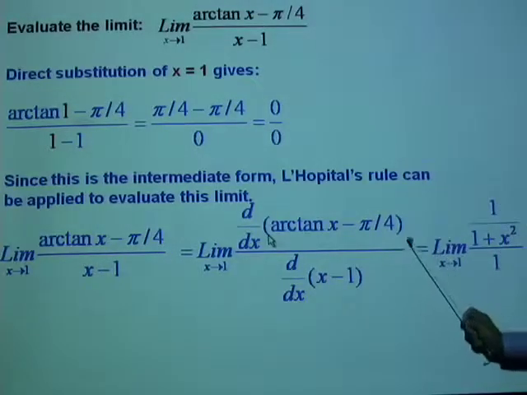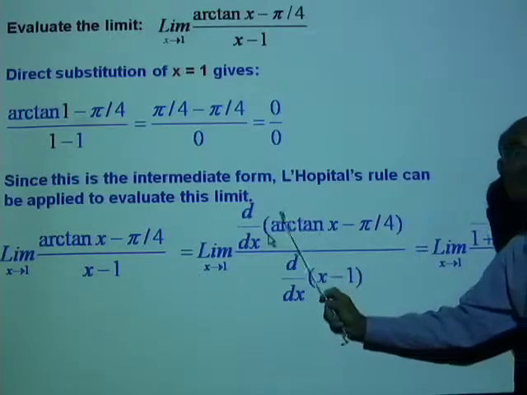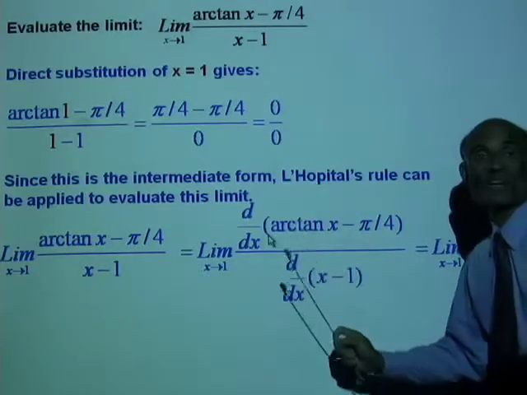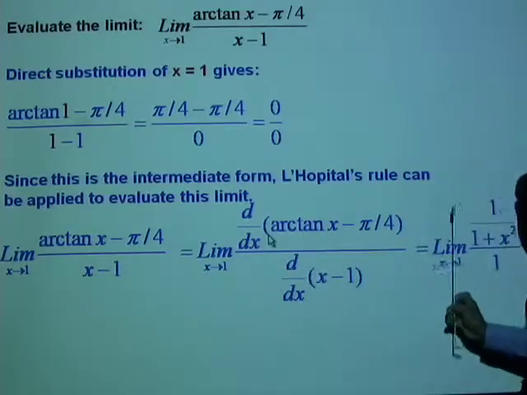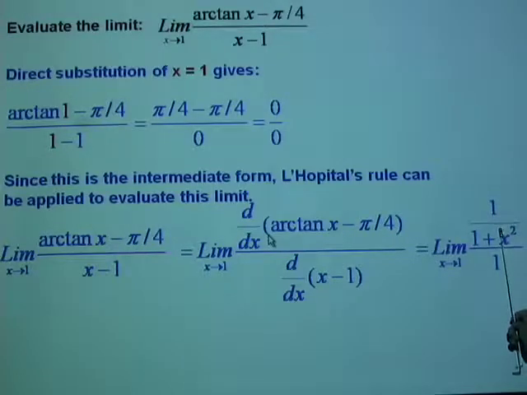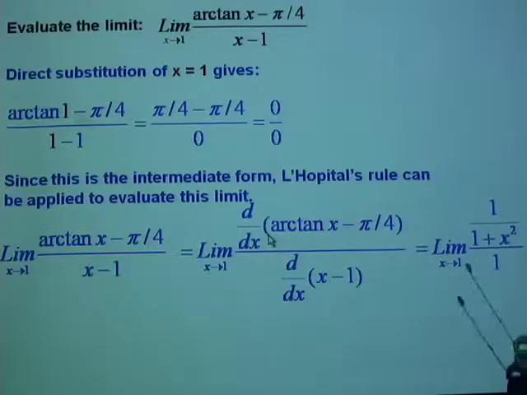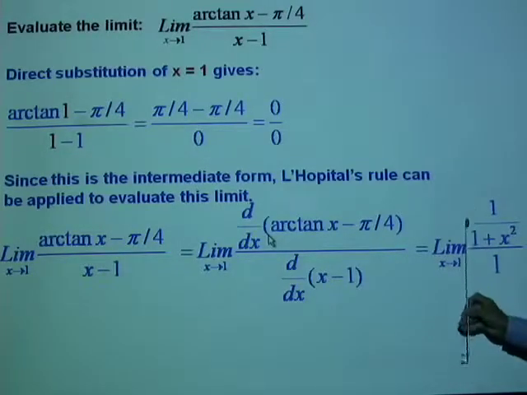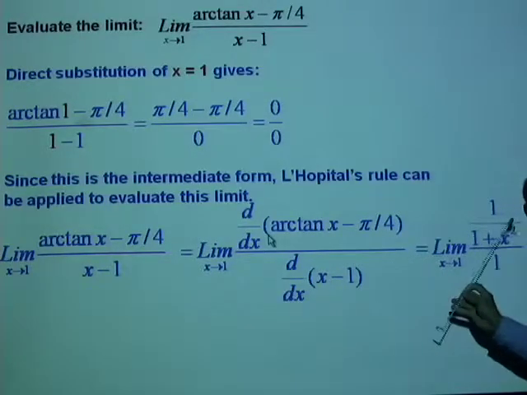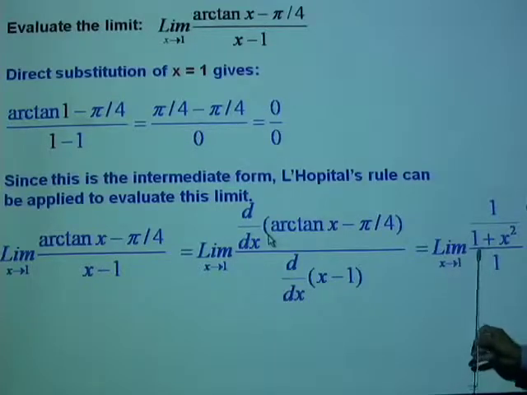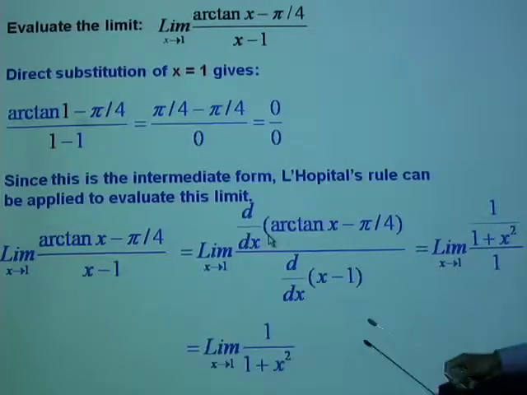And that is limit x approaches 1, the derivative of arctan x is 1 over 1 plus x squared, and the derivative of x minus 1 is 1. So this will be 1 over 1 plus x squared divided by 1. Can you replace x by 1 now?